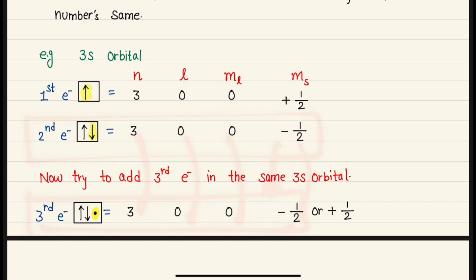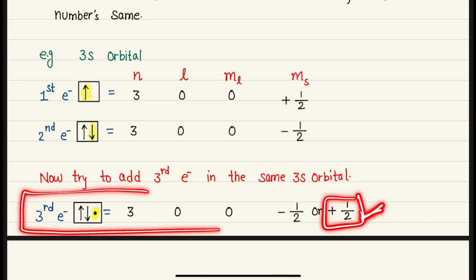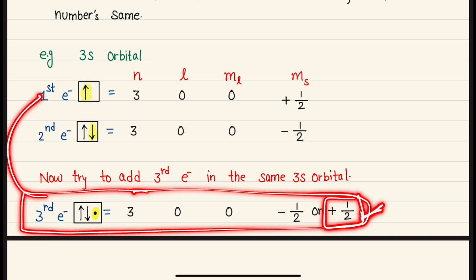Understood? Suppose you take this third electron in the plus half direction, means like this, pointing upward. It means the third electron now has plus half. Now see, the third electron having plus half will match the first electron.